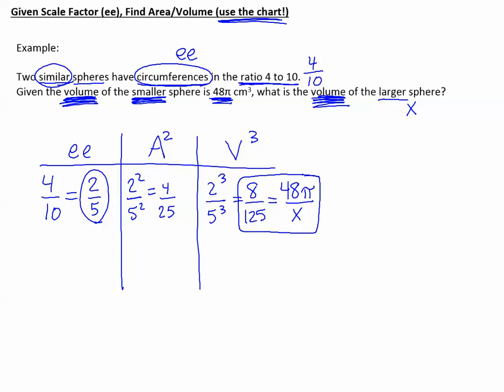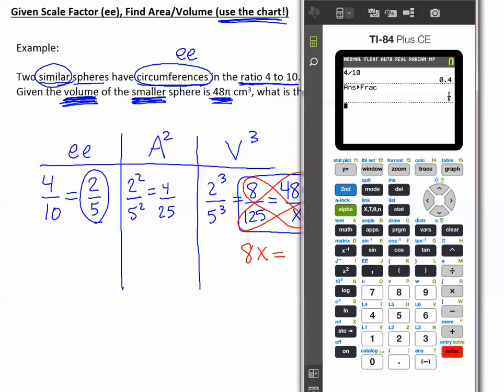So this is the proportion that we're going to focus on solving. How do we solve a proportion? Cross multiply. 8 times x is 8x. 48 pi times 125. Now, if I need to use my calculator, I'm only going to type 48 times 125. I'm not going to type pi because I want to use an exact answer.